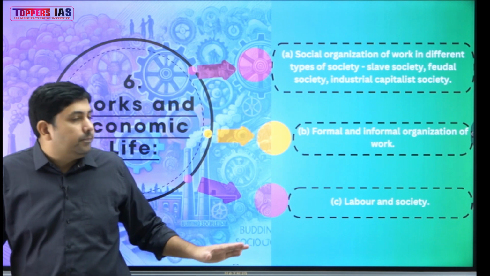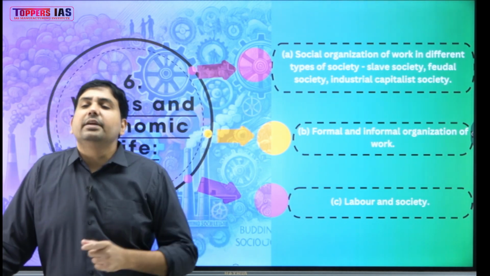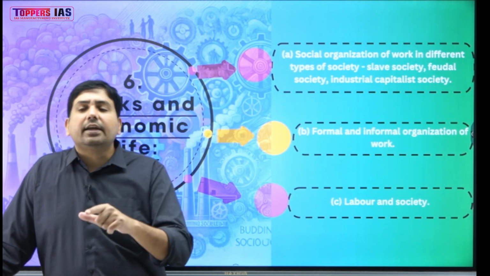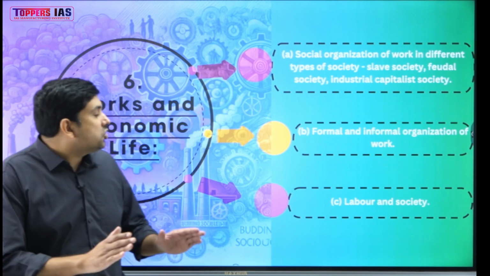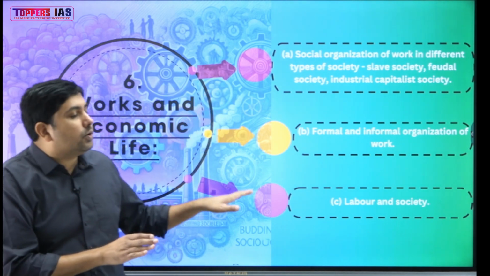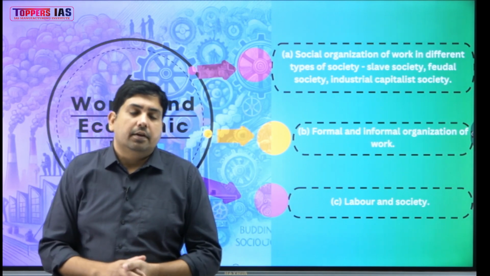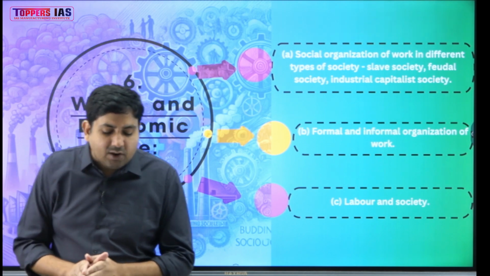Now see, here it means how work and economic activity has been structured throughout history. For example, if you look at slave society, in slave society, work was primarily done by whom?